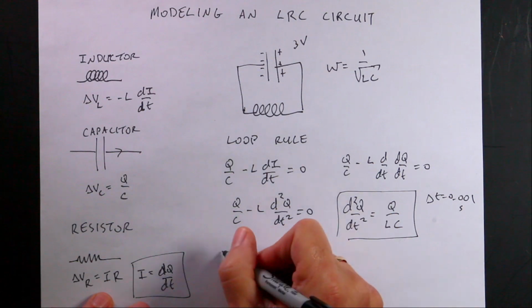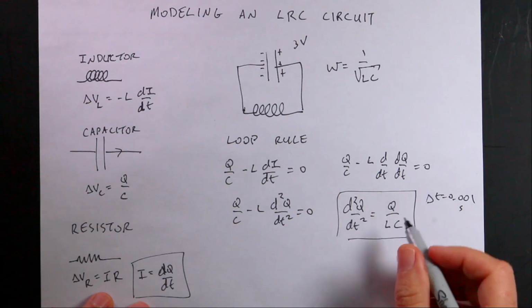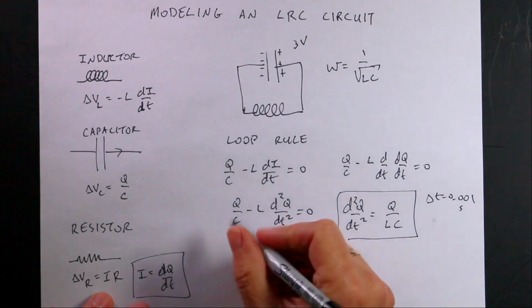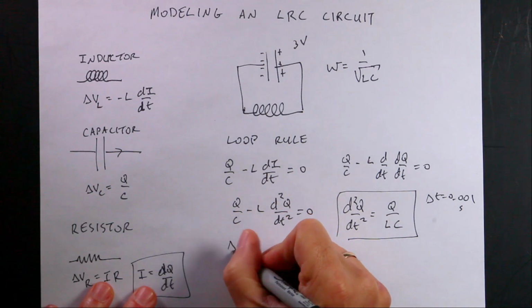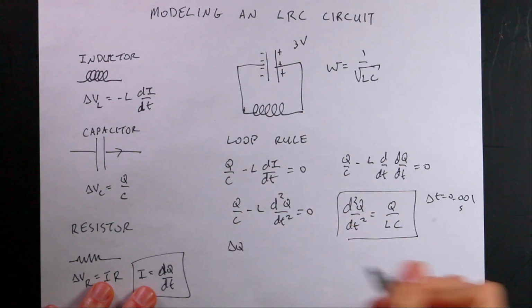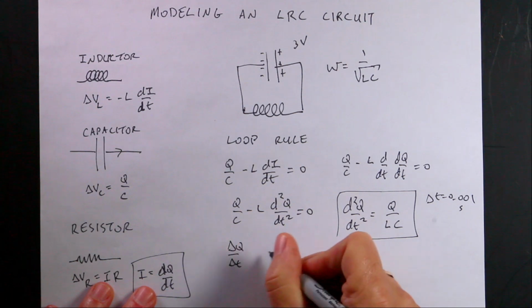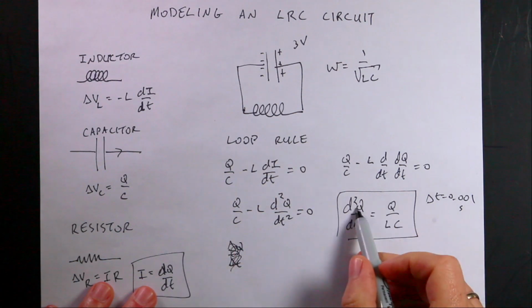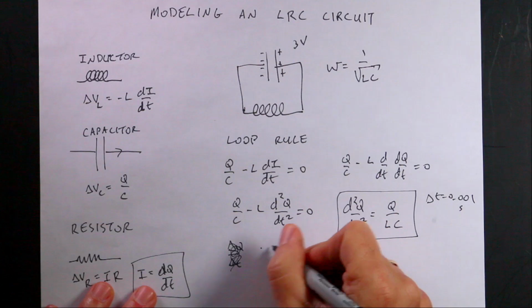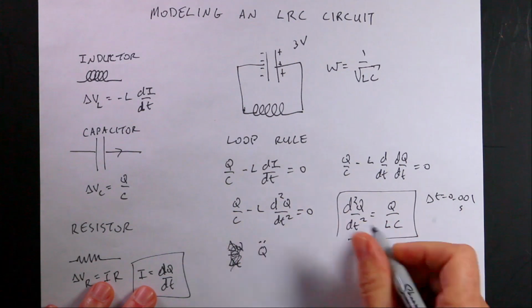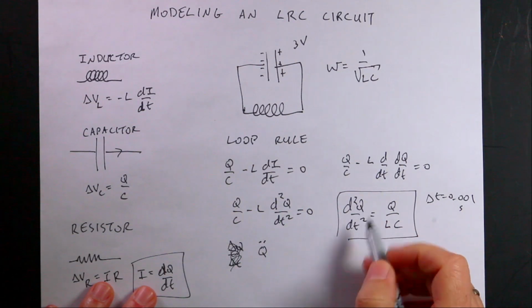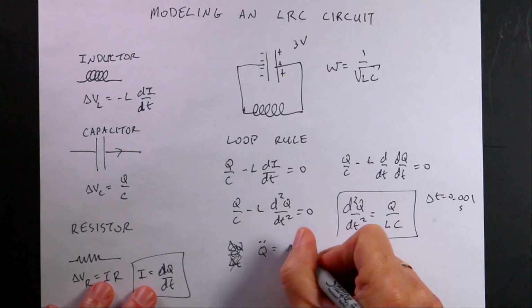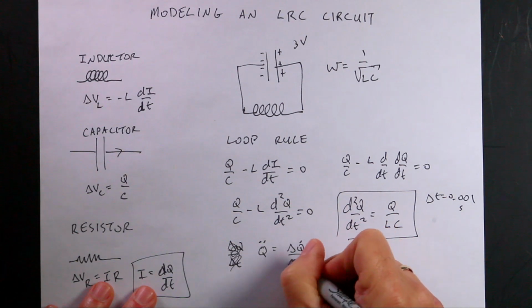And then I can say this. Once I know that, I can then say delta Q over delta T. No, let's call this Q double dot. Q double dot is d²q/dt², the second derivative. And that's equal to the derivative of the first derivative.